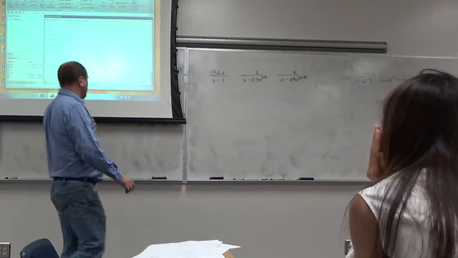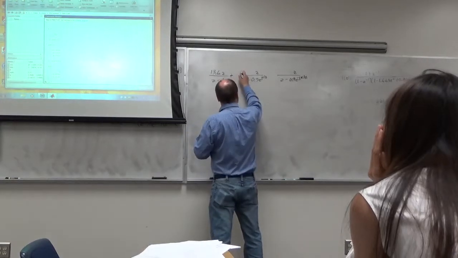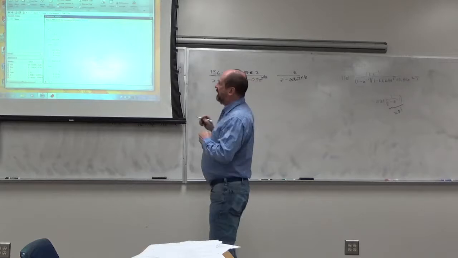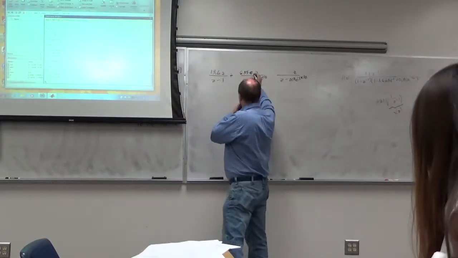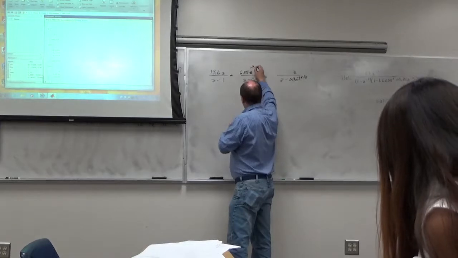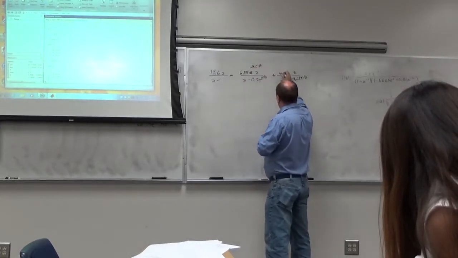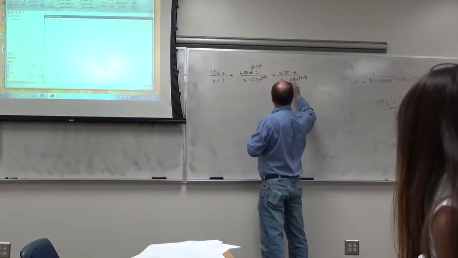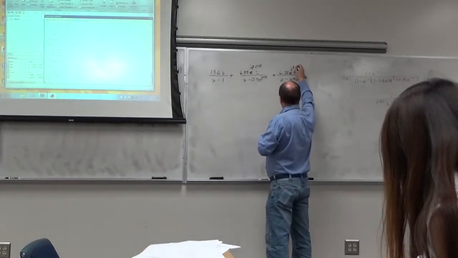ABS, 6.35. So this one is plus 6.35 e, what's the angle? Negative 3.018. And the other one is 6.35 e to the positive j 3.018.